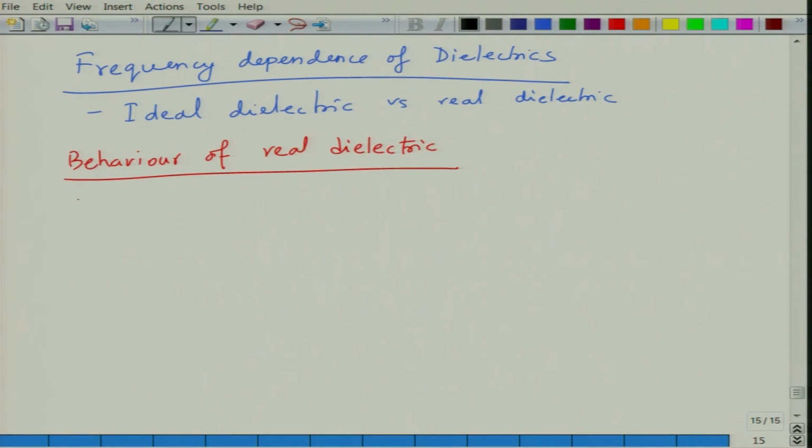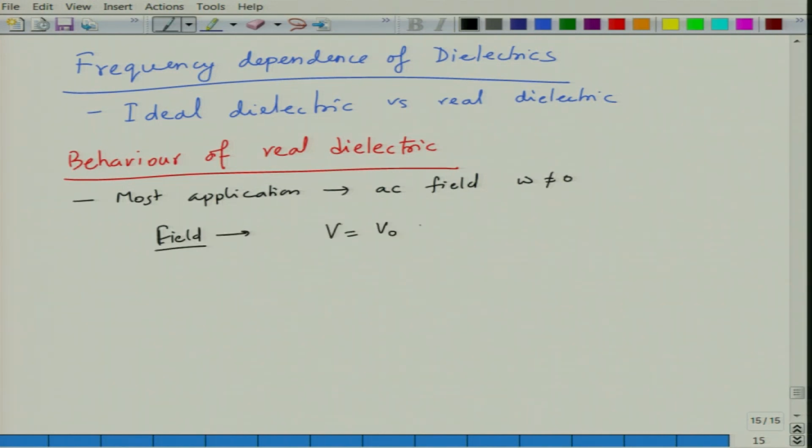Alright. So, for most applications we do not require a static or DC field. Most applications require an AC field, okay. Which means frequency is not equal to 0, it is finite. So let us say the field is a sinusoidally varying field, V is equal to V naught into exponential of I omega t, okay.